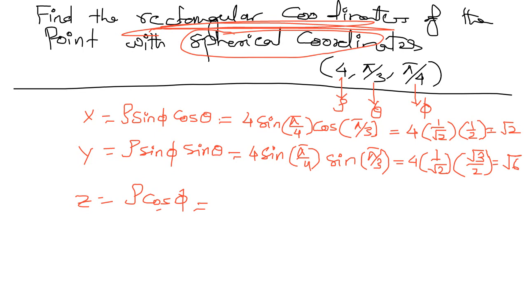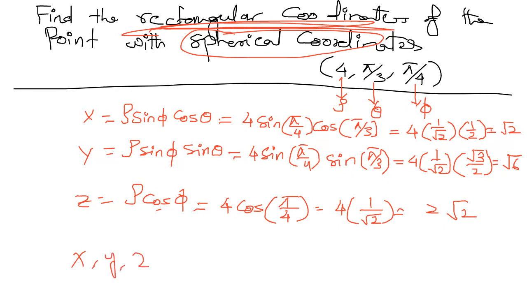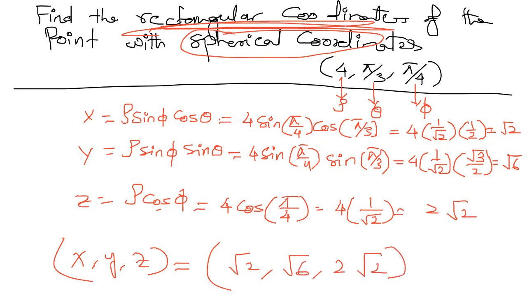And z is 4 cosine pi by 4, which is 4 times 1 over square root of 2, that is 2 times square root of 2. So the rectangular coordinates we find are square root of 2, square root of 6, and 2 square root of 2. This is how you can calculate the rectangular coordinates.